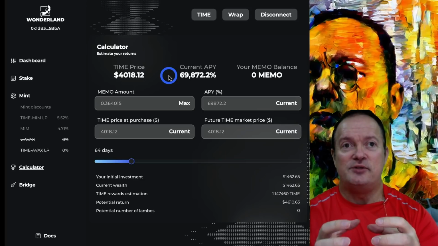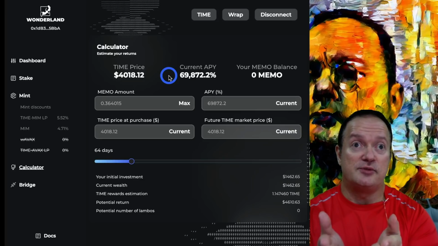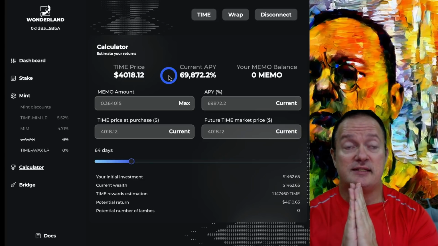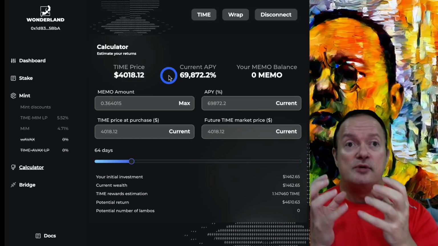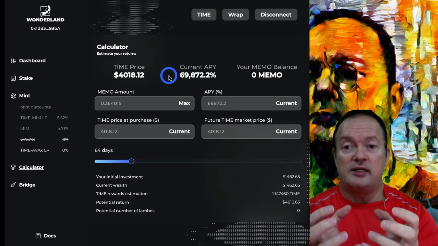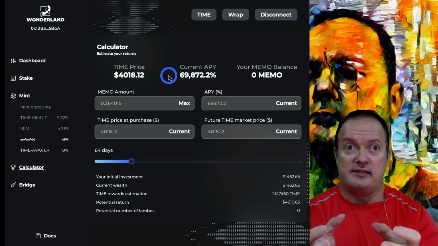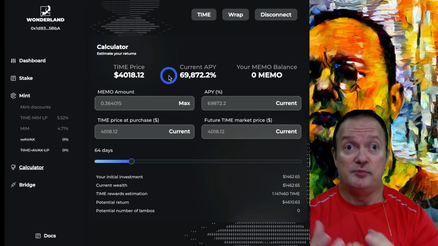So you can guarantee yourself, let's say at the moment it's only 69,000%, but let's say at some point it goes back to 90,000%, and you say, oh wow, I wish I could lock that in, right? Well, you can do that using Pendle. You can lock in that 90%, okay, for 2 months, all right, and enjoy that 90% for 2 months.